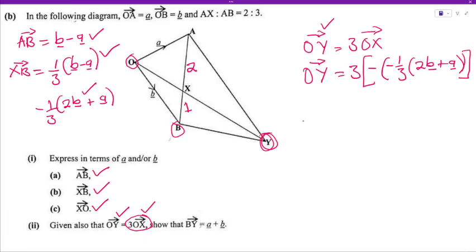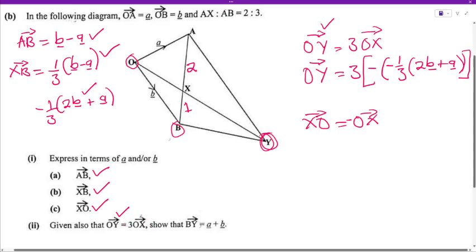What we found was XO. When we switch the values to find OX, it simply means the vector now becomes a negative. We found XO, and now they're asking us to find OX. So simply make this vector a negative. That's why we're multiplying with the negative right there.